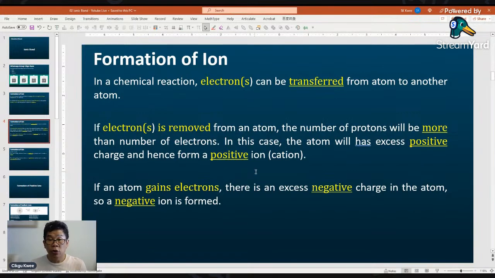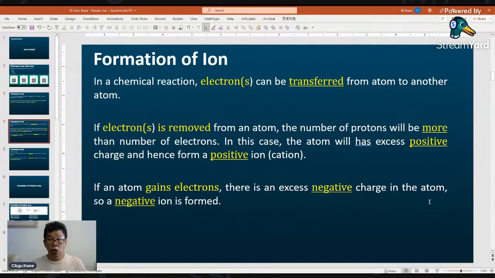A positive ion is also called a cation. There is another name for positive ion: it is called a cation. And if an atom gains electrons, there is an excess negative charge in the atom, because there are more electrons than protons, so the ion will be negative.